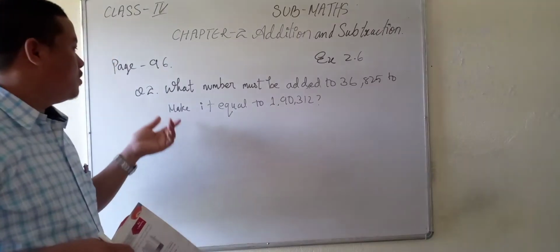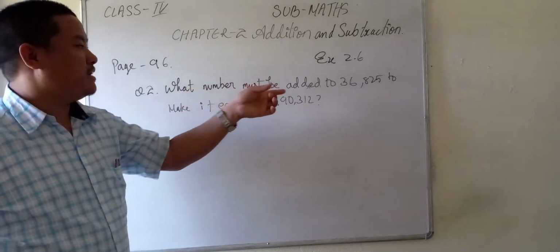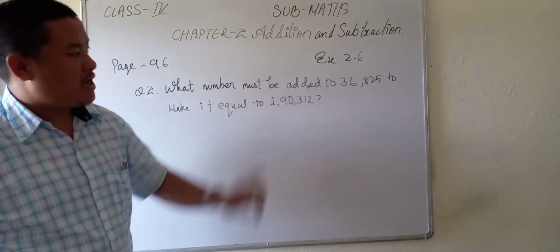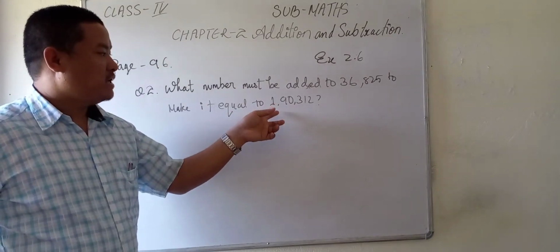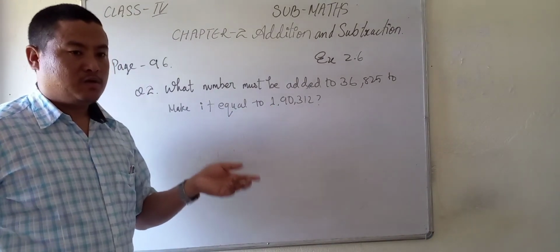Question 2. What number must be added to 36,825 to make it equal to 1,90,312?